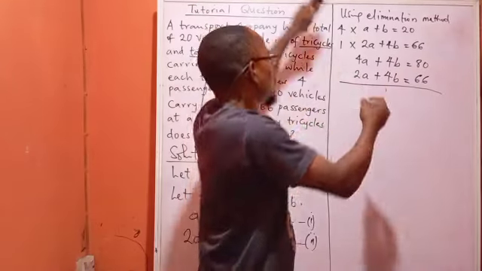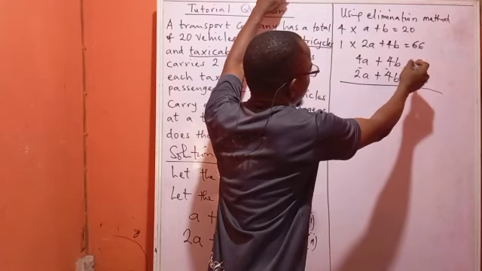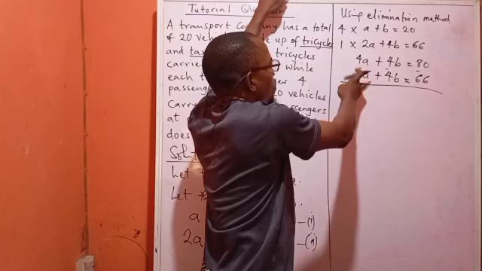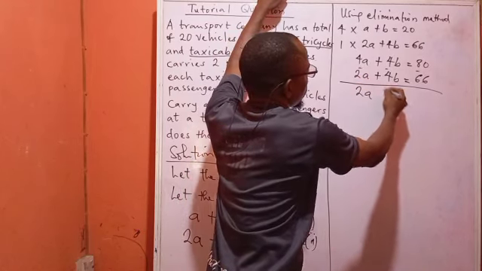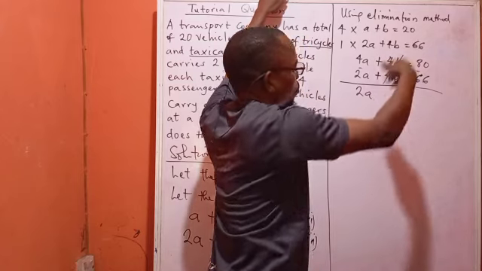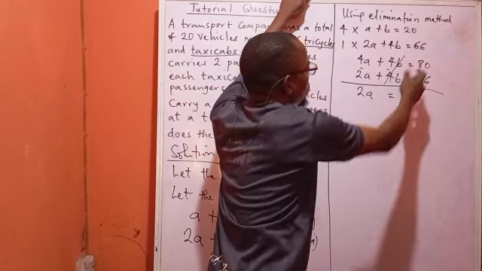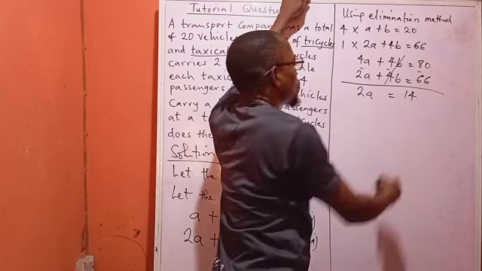So 4a minus 2a gives me 2a. 4b minus 4b is 0, so we've eliminated it, equal to 80 minus 66, which gives me 14.